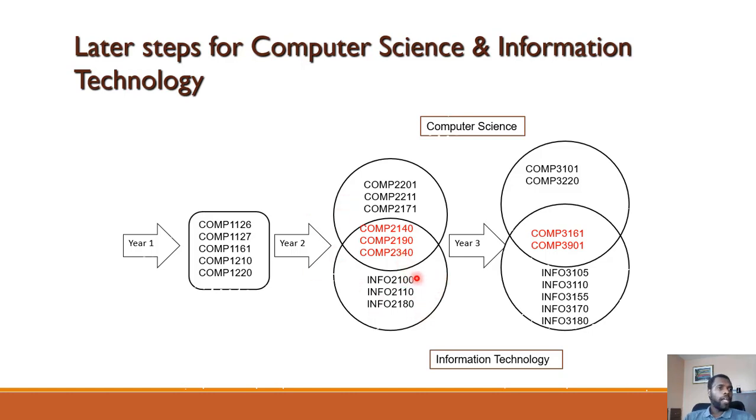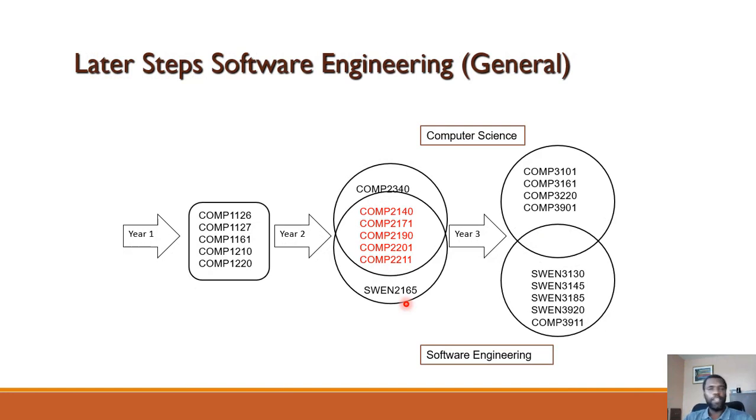If your major is information technology, you're going to have to take Comp 2140, Comp 2190, Comp 2340, and Info 2100, Info 2110, and Info 2180. Okay, and then you're prepared for your 3rd year, which we'll talk about in another video, or when you get to 3rd year.